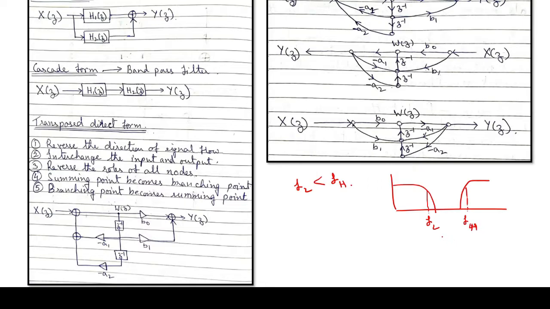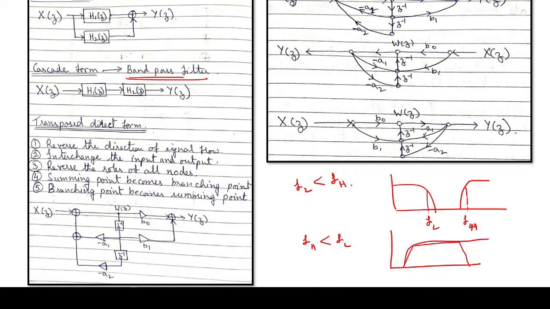Okay, so in the next stage, suppose you want to design a band pass filter. Here FH, the high pass filter cutoff, should be lower than the low pass filter cutoff. Why? Something like this will happen. So what is this?